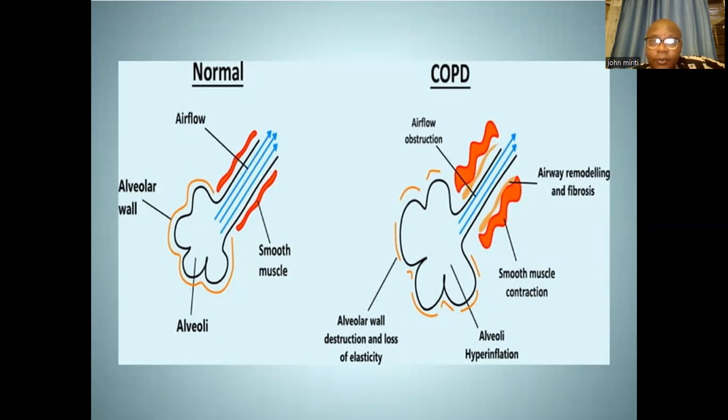Whereas in a chronic obstructive disease, the airways, the tissues here, the smooth muscles are not able to contract well, or they constrict, resulting in obstructed airflow along the airways, which now results in narrowing, and that means there is insufficient air supply to the alveolar spaces, which can result in insufficient gaseous exchange.